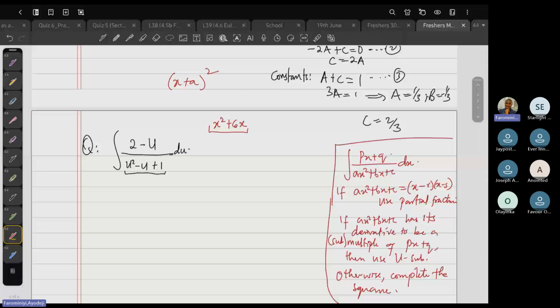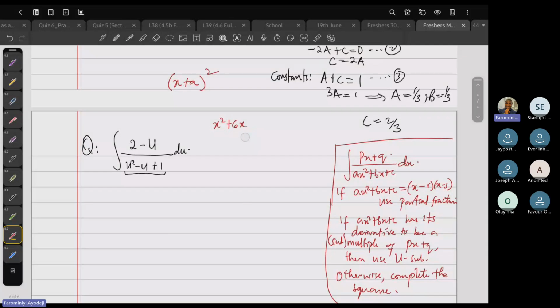I'm sure you've heard the phrase completing the square method. When you have this expression and you are told to complete it, it means you want to add something to it that would ensure that we can now write it as something squared.